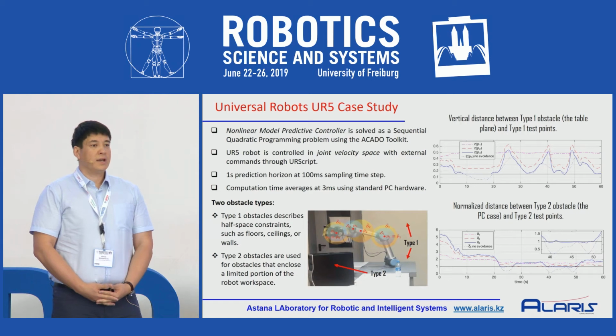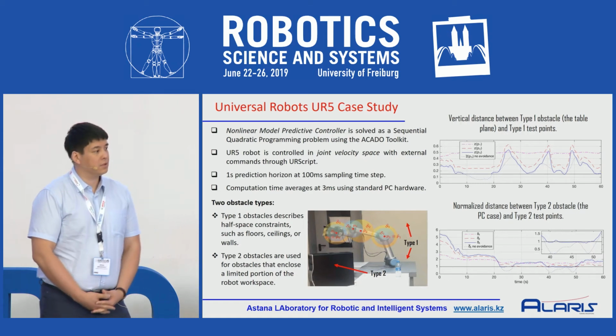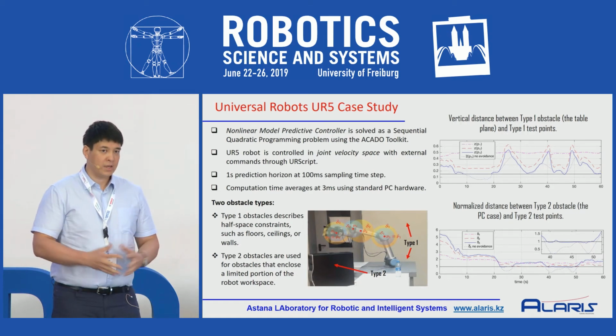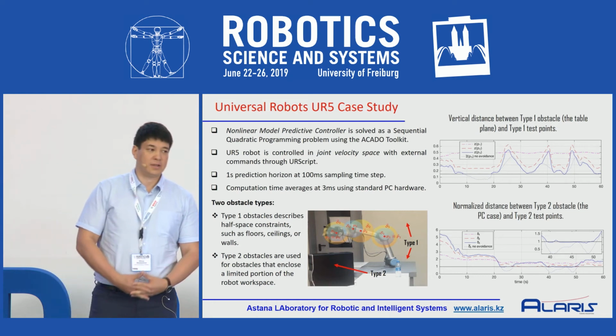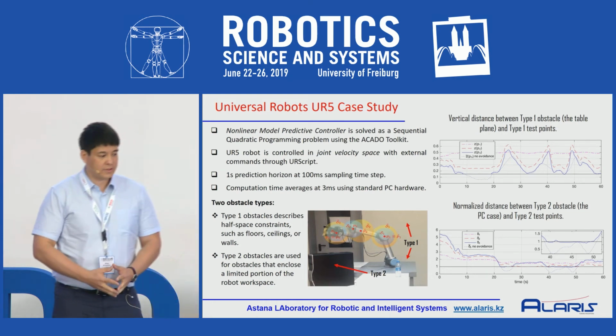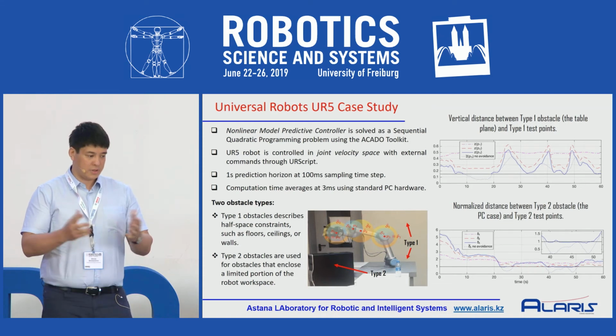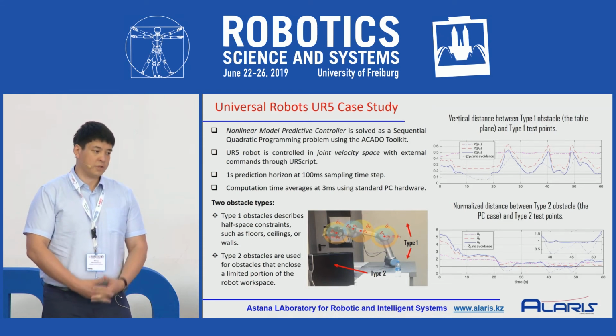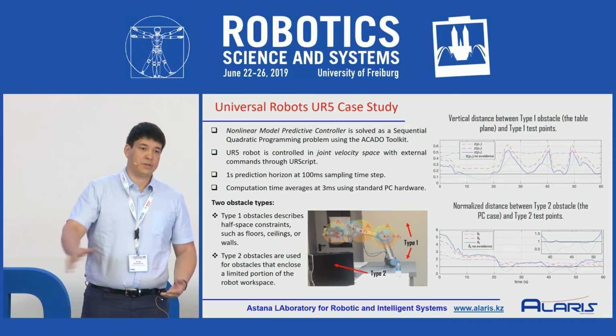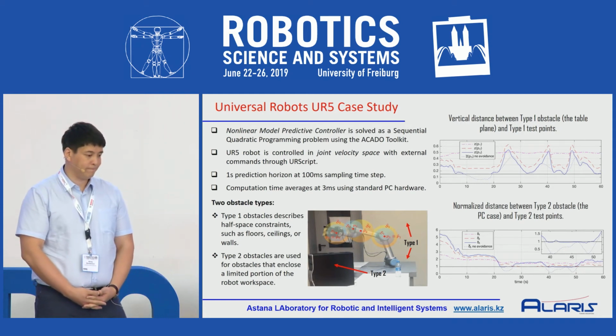We define 2 types of obstacles. Type 1 obstacles represent half space constraints like floors and walls, and for type 2 obstacles, we use convex shapes to define objects on the way, blocking the direct robot motion.